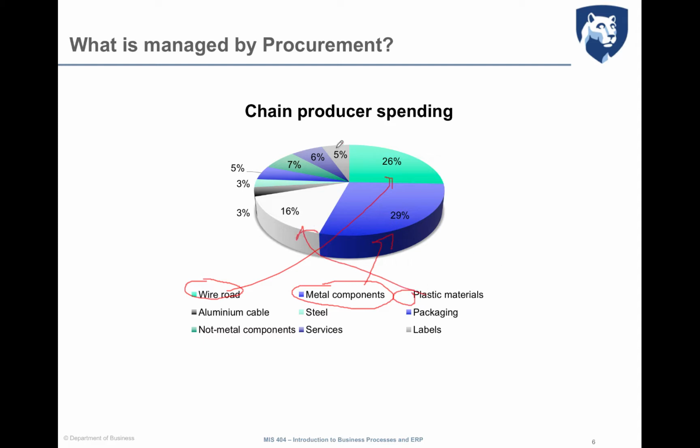Then we have further categories like aluminum, cables, steel, packaging, non-metal components, services, and labels.